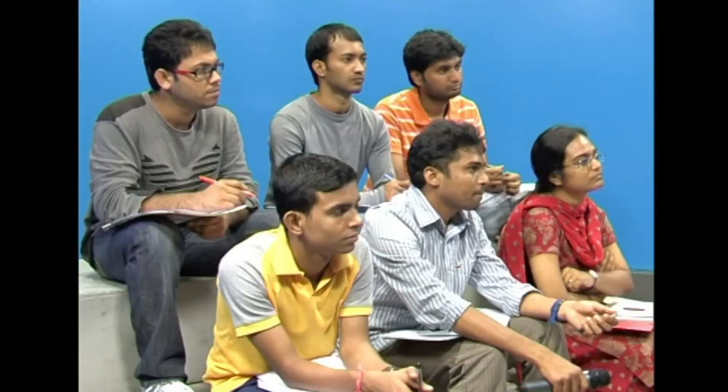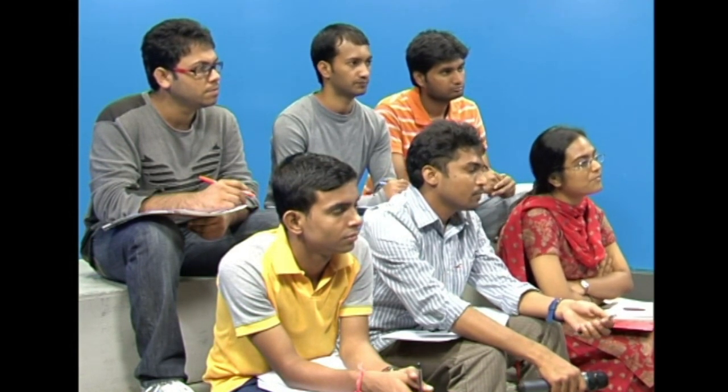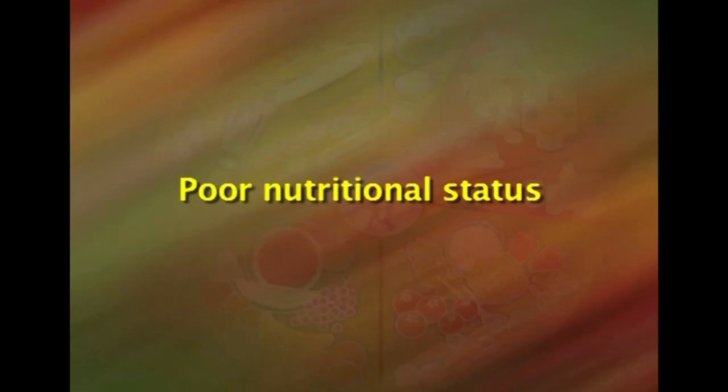Now this is all accompanied if a person has regular eating habits, sound and regular sleep, normal elimination habits, and also resistance to diseases. Now coming to poor nutritional status.